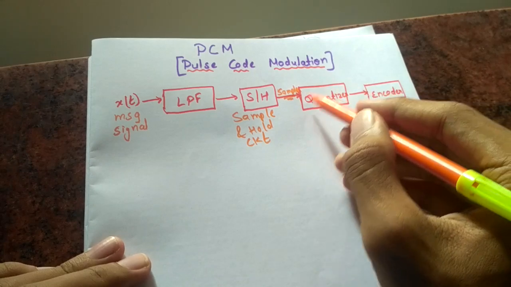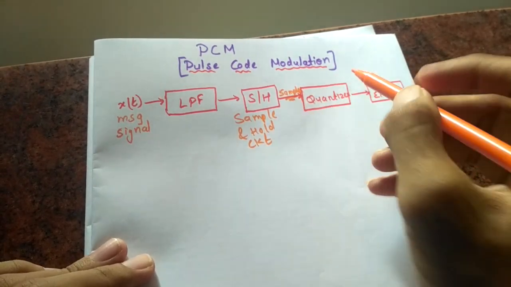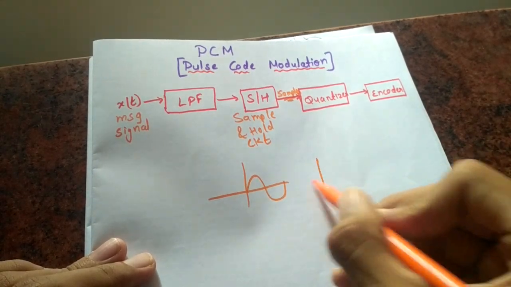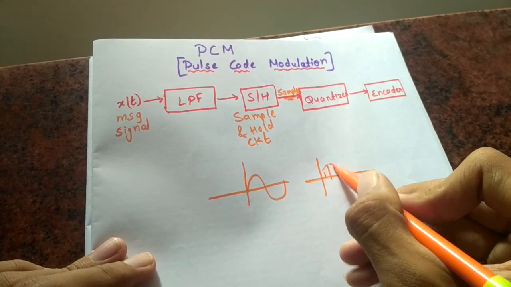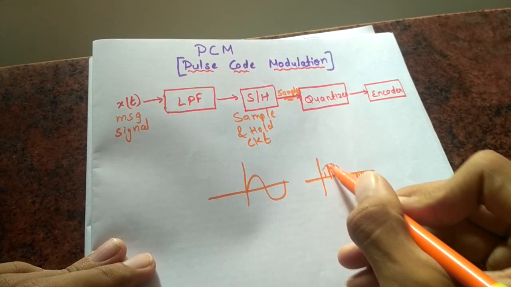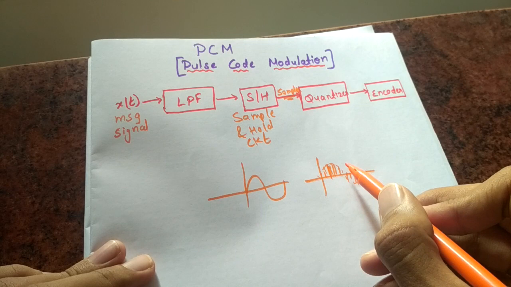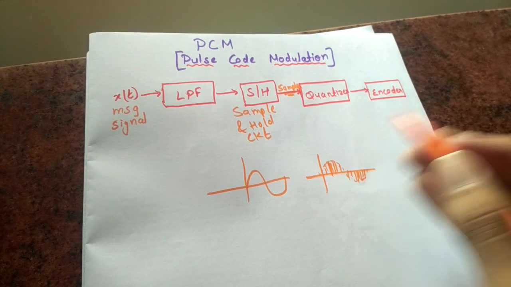Why is the quantizer needed? The quantizer is needed because there are an infinite number of samples. Let's say the signal is a sinusoidal signal. After sampling, we will get samples like this, and in between we can have an infinite number of samples. We can't represent an infinite number of samples, because it would require a large bandwidth, or an infinite number of bits.